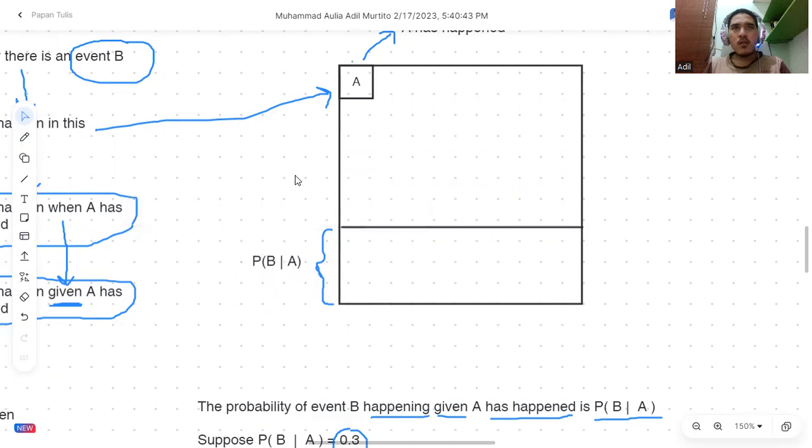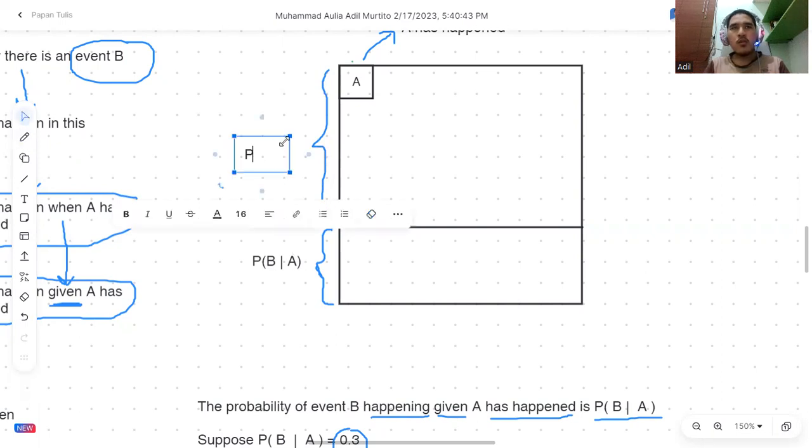As you can see here, the probability of event B happening given A has happened. This side means the probability of the negation of B when A has happened.